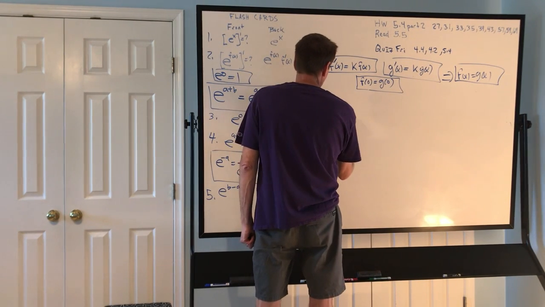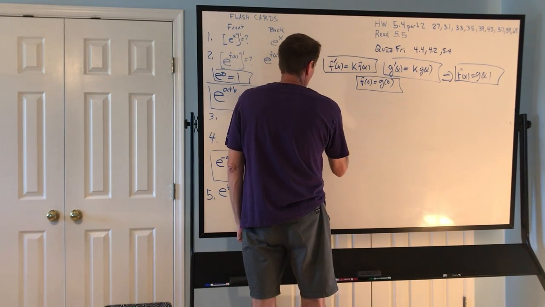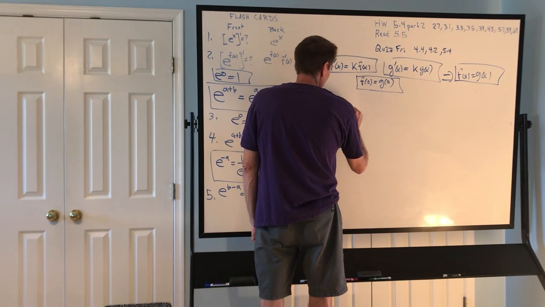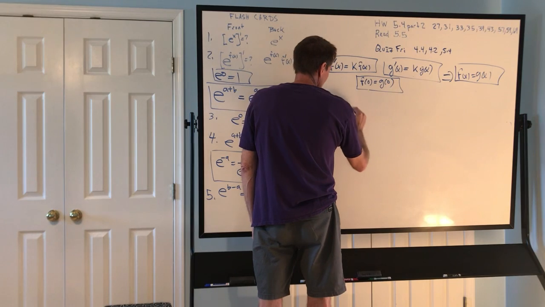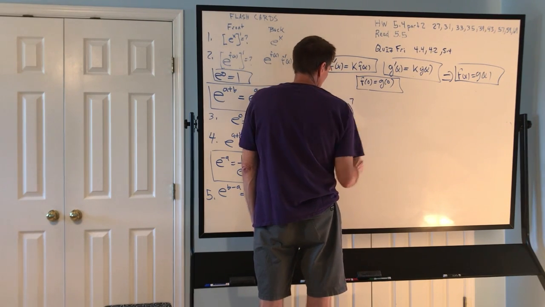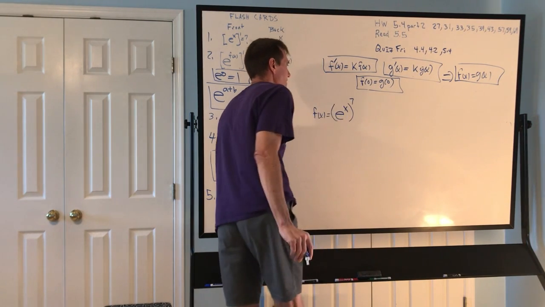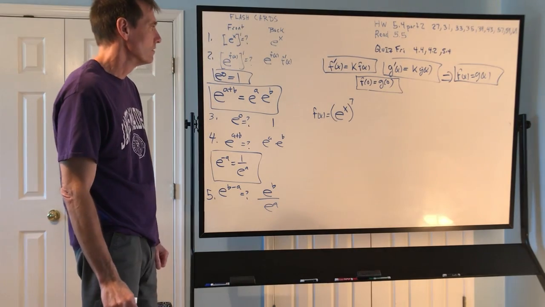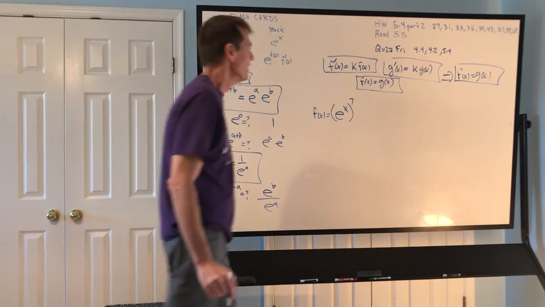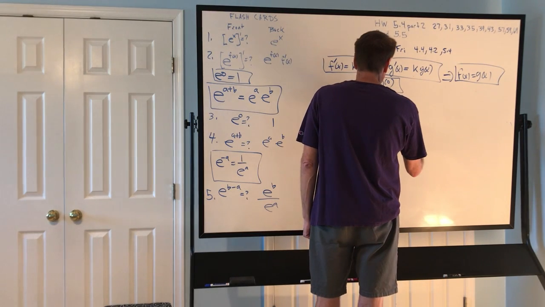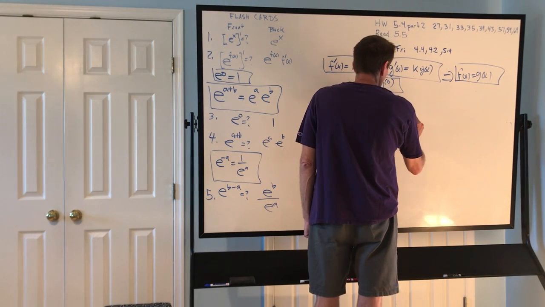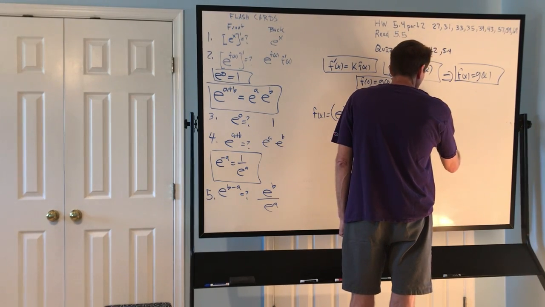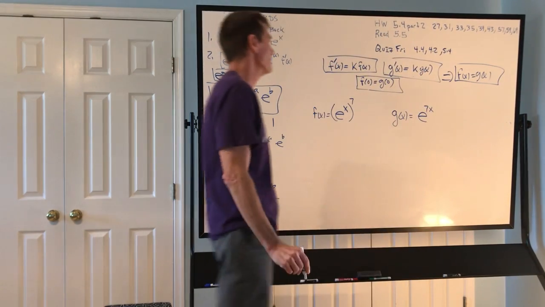Suppose I've got this function f of x, that's e to the x raised to the 7th, and I'm going to have this other function g of x, which is going to be equal to e to the 7 times x.